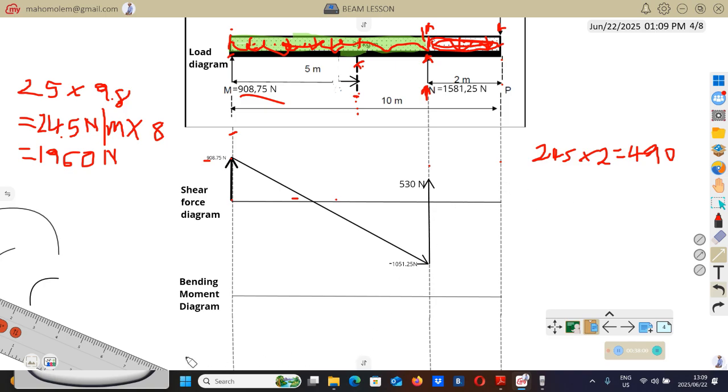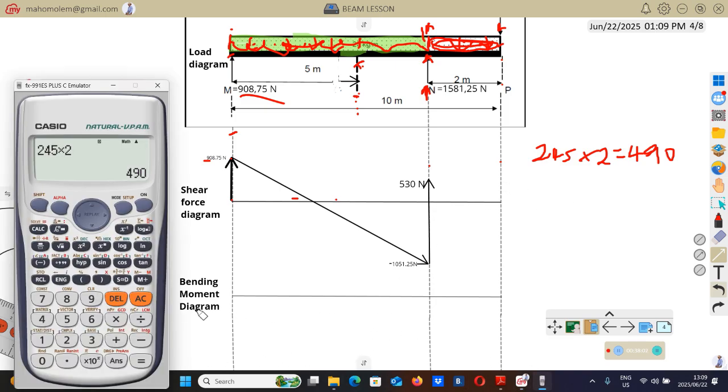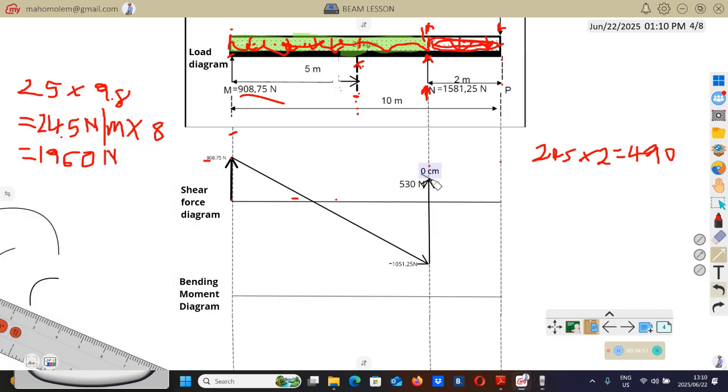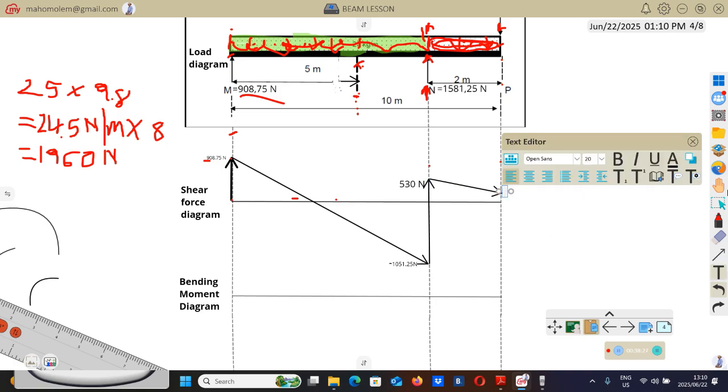You will say 530 minus 490, that total weight of 490, which is 40. Then we'll move from here and stop somewhere at 40. It will be somewhere there. So this point will be 40 Newton.